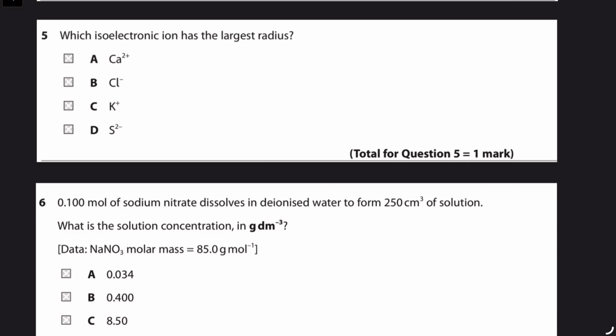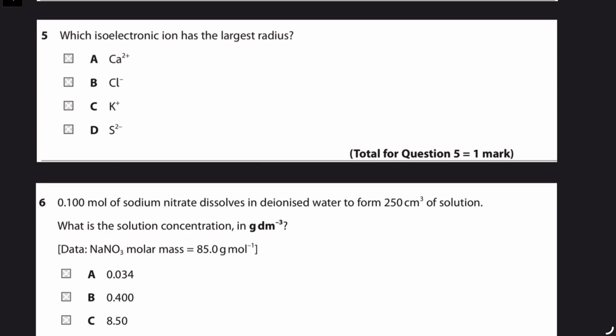As the number of protons increases, nuclear charge increases, and the nucleus attracts electrons more strongly. As a result, electrons are pulled closer towards the nucleus. Therefore, ionic radius decreases. So the ion with fewer protons has a larger radius.